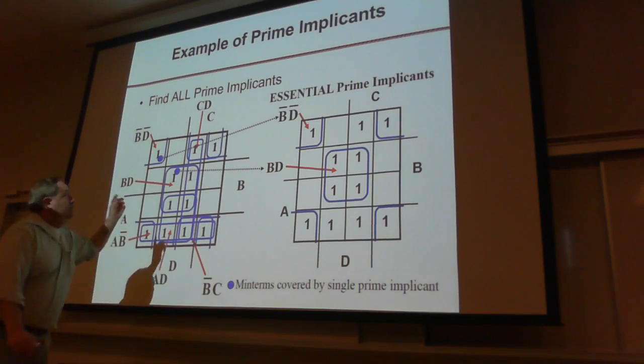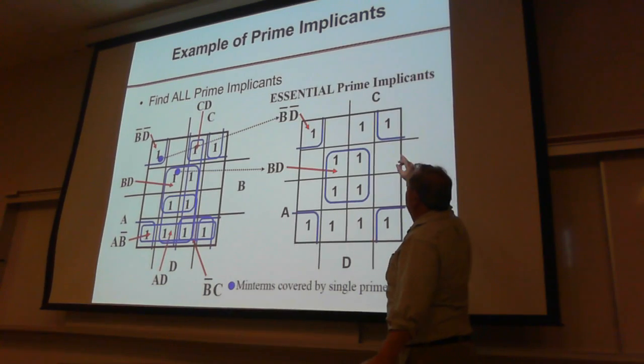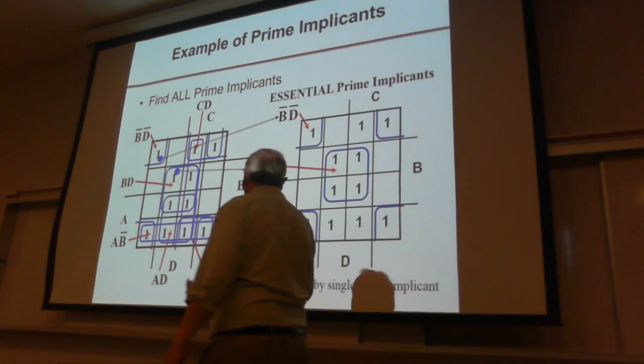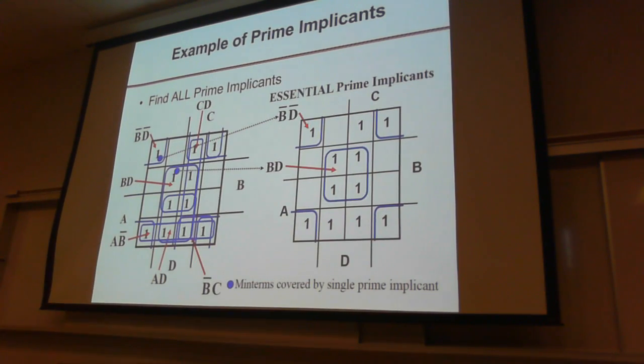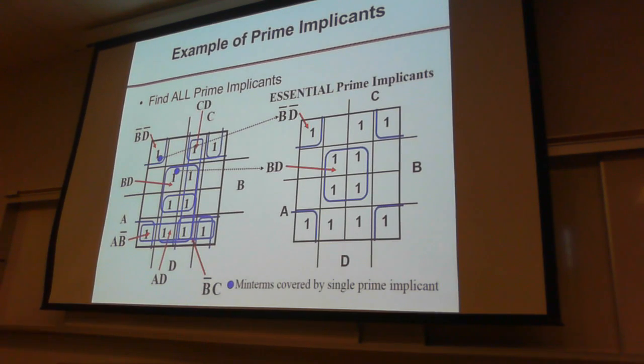That's my essentials. And that's what this map over here represents. So it's going from here to here, trying to identify all of my essential prime implicants to minimize the amount of hardware I need to generate all of these functions. This discussion is to define these terms and how to find them, and this is the representation capturing that.